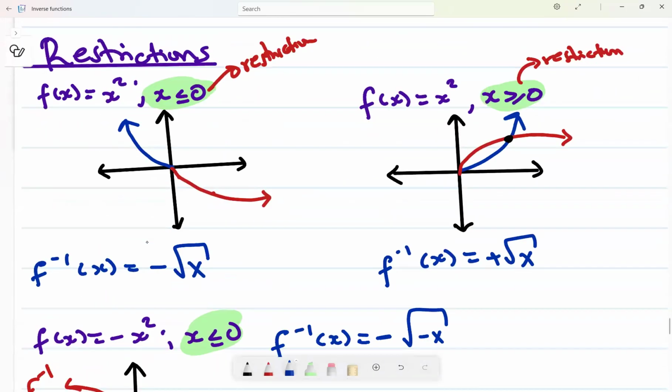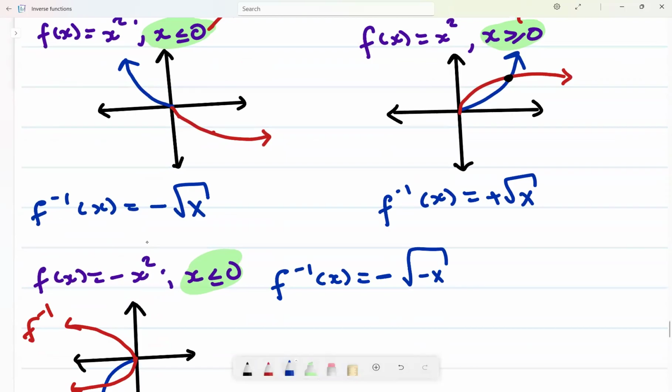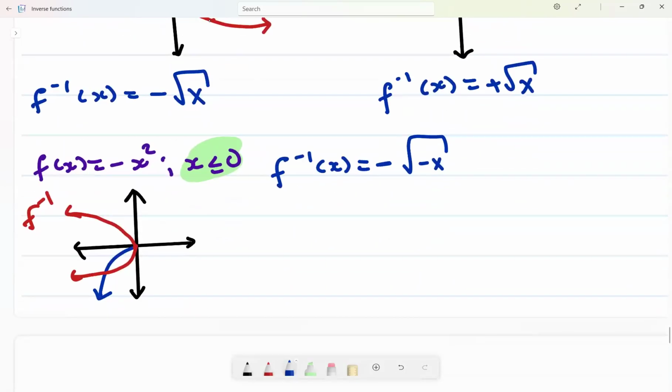Instead of saying y should be less than or equal to 0, we're going to say x should be less than or equal to 0, then y is less than or equal to 0. I'm going to choose from the plus or minus the negative, such that y becomes negative.